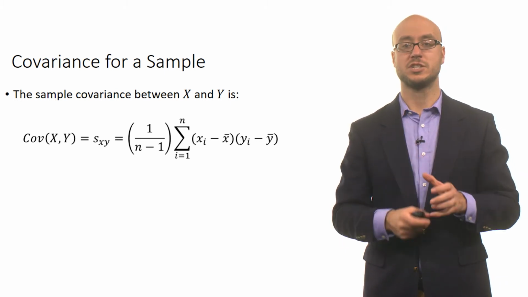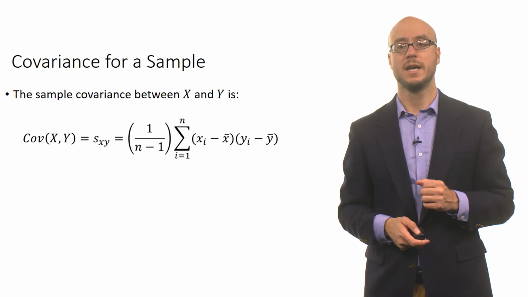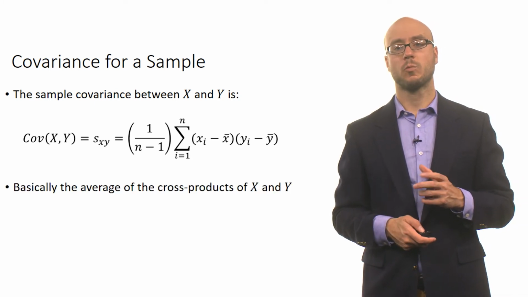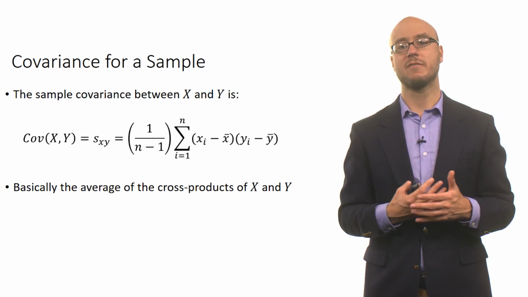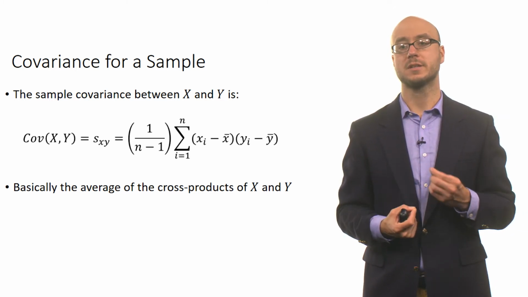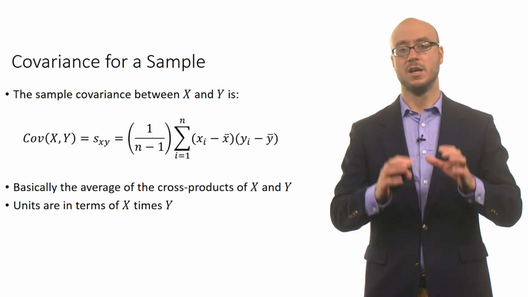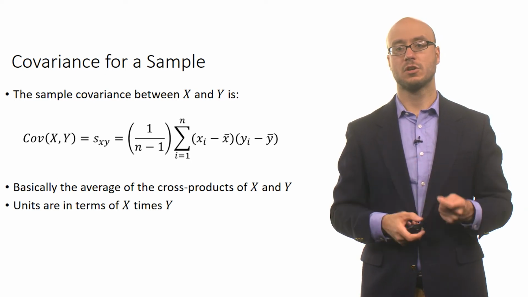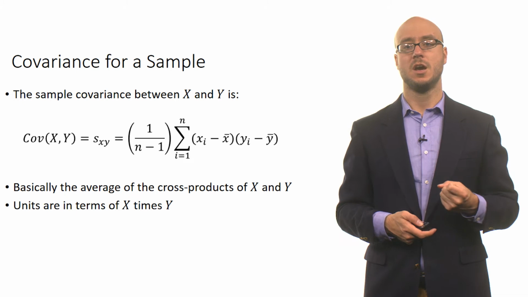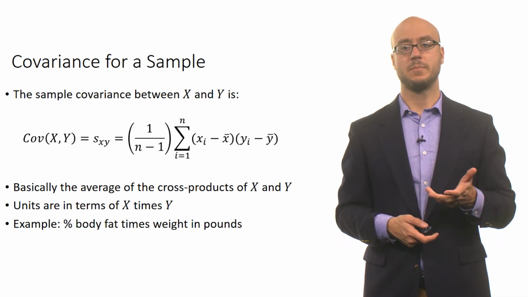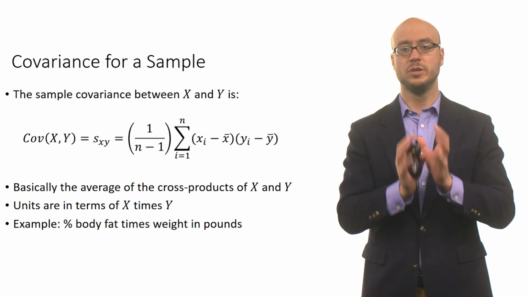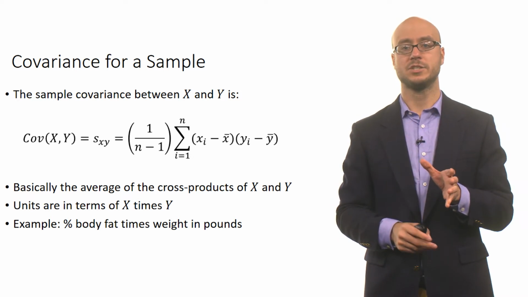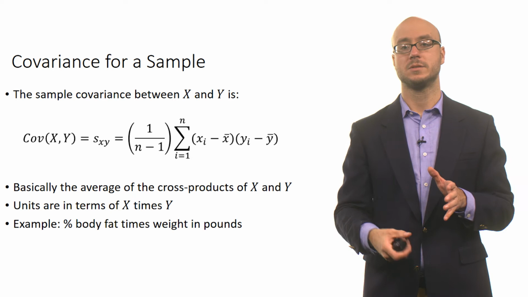What we're really doing here is taking essentially the average of what are known as the cross products of x and y. The units of covariance are in terms of x and y. In this case, our x variable is body fat percentage and our y variable is weight in pounds, so the actual units are body fat percentage times weight in pounds.